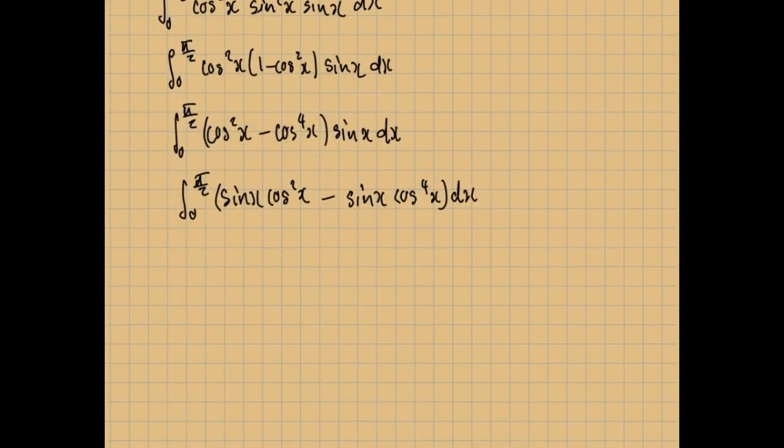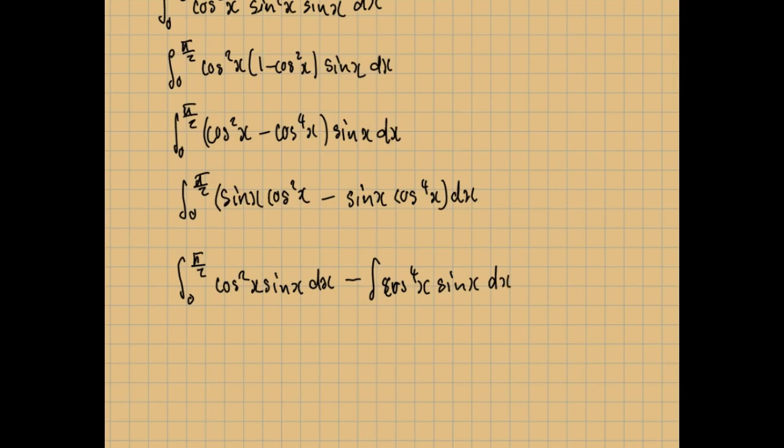Right, so if we rewrite it, I have the integral from 0 to pi over 2 of cos squared x multiplying sine x with respect to x, minus the integral of cos to the 4 x multiplying sine x, also with respect to x.